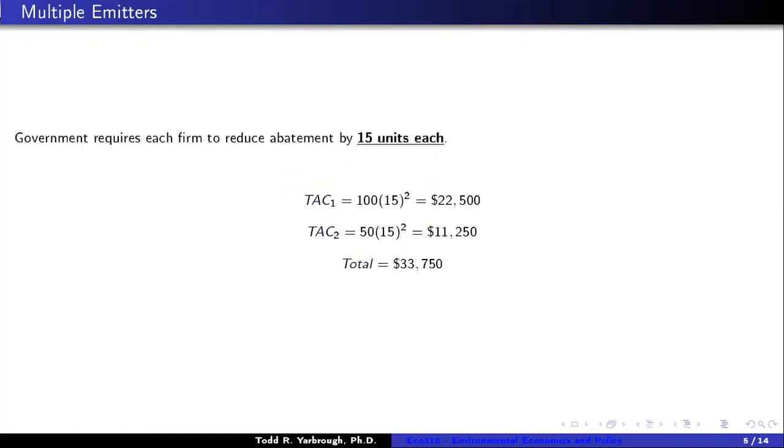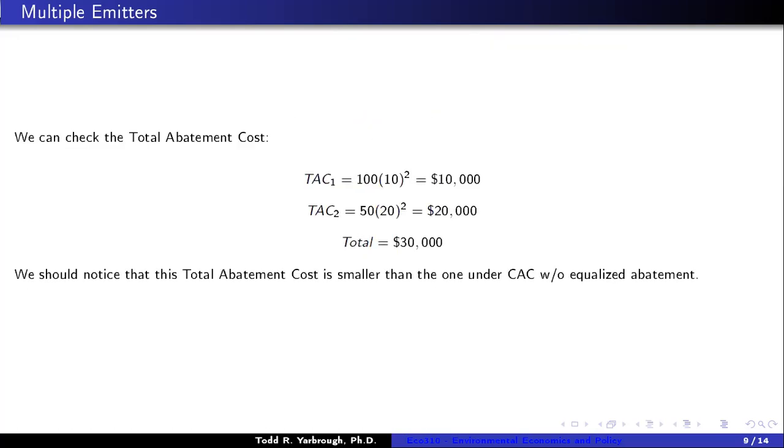Just to remind you, the non-optimal baseline was $33,750. Now the optimal baseline is $30,000. So by using the second equimarginal principle, we've saved ourselves money. We have come up with a more cost-effective policy.